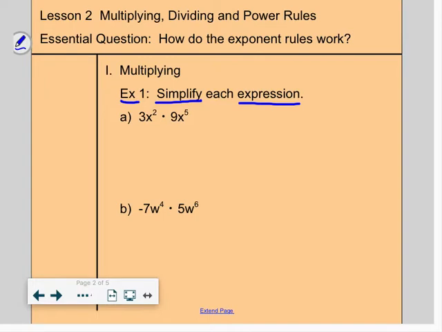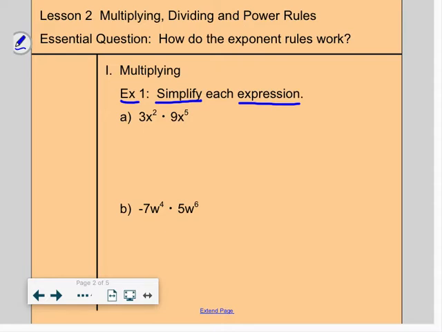First one is simplify. Now, simplify does not mean to solve. Simplify does not mean to go through and plug something or substitute something into your calculator. What simplify means is to take something and make it simpler, to break it down and make it look pretty.